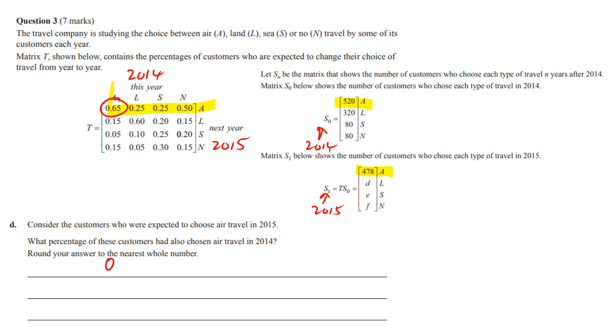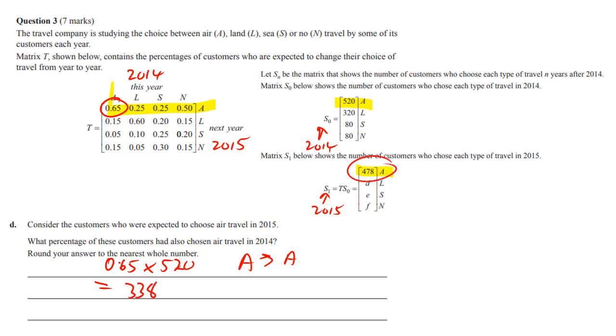So we have to do 0.65 times the 520, and that tells me how many went from air travel to air travel. And that does equal 338.